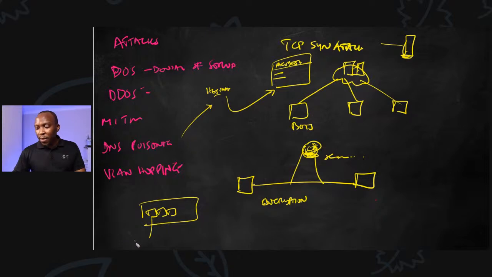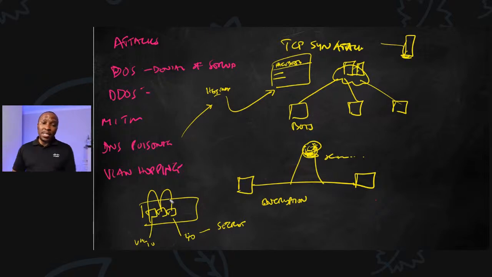So this port might be in VLAN 10, this one might be in VLAN 40, and VLAN 40 is the secret VLAN that we're trying to protect. So VLAN hopping means someone can get into VLAN 10 and then they hop through until they get to VLAN 40 that is protected. So we need to make sure that we stop that from happening and you're able to then mitigate. So that basically takes us to the end of what we wanted to cover today.